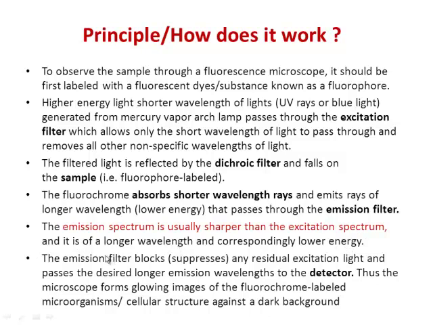Okay, so the emission filter blocks or suppresses any residual excitation light and passes the desired longer emission wavelength to the detector, meaning now the detector gets only those waves of light which have the longer wavelength. Thus the microscope will now form the glowing image of the fluorochrome-labeled microbe or the cellular structure against the dark background.